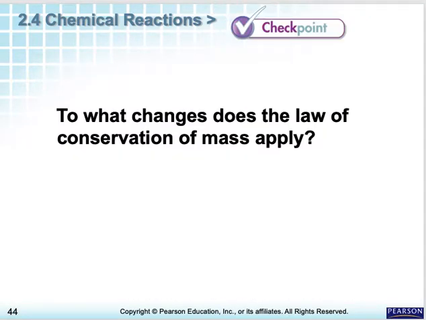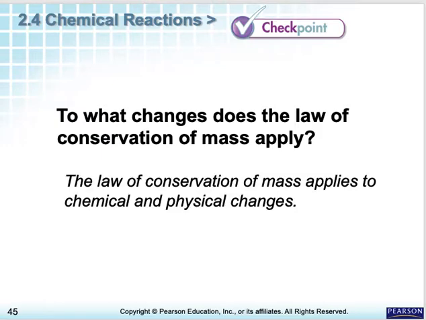To what change does the law of conservation of mass apply? Does this apply to every kind of change or just a particular one? And you should be able to tell me that it applies to both physical and chemical changes.